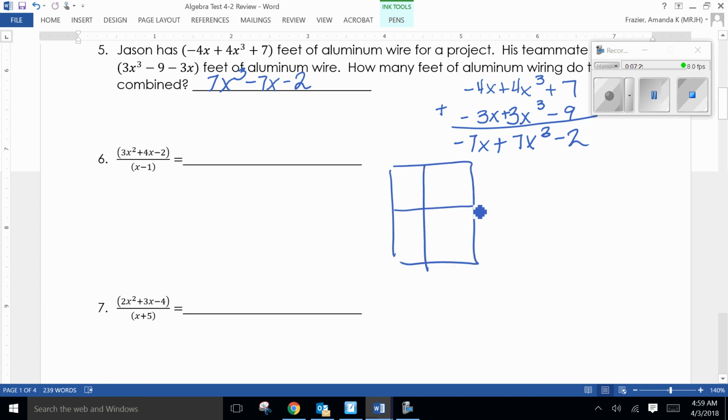On the next one, I will use long division so you can just see the difference between those. So I'm taking 3x squared plus 4x minus 2. And remember, we don't want to just automatically place our minus 2 here because we could have a remainder or something. So I'm going to go ahead and just do x minus 1.